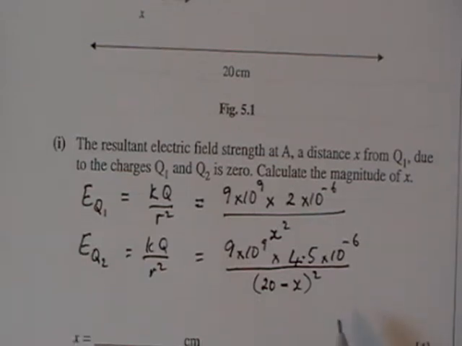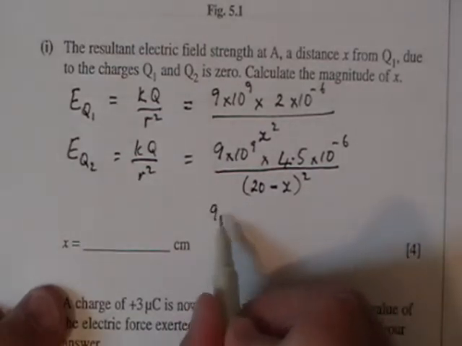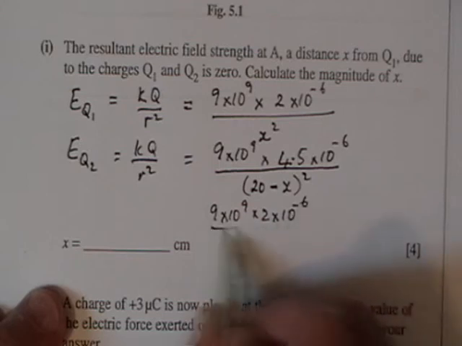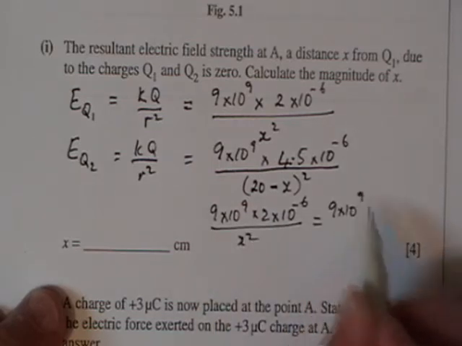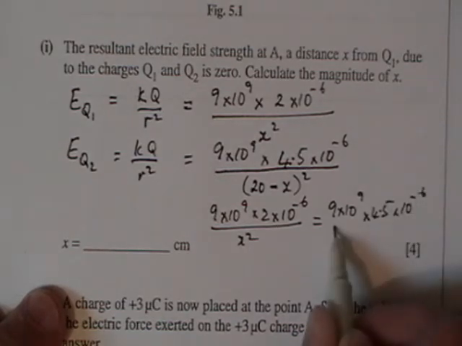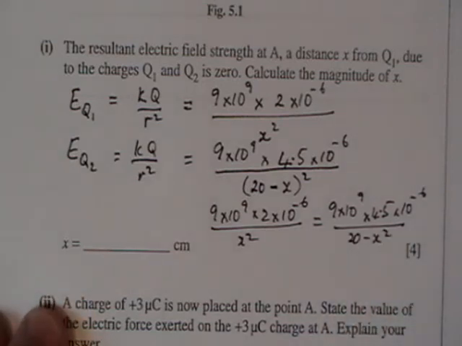What we're going to do now is equate those two. So we have 9 times 10 to the power of 9 times 2 times 10 to the minus 6 over x squared equals 9 times 10 to the power of 9 times 4.5 times 10 to the minus 6 all over 20 minus x all squared.